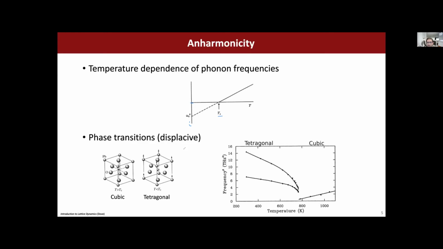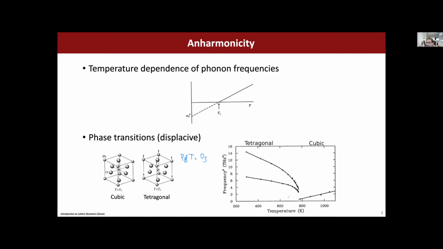For example, if you have a displacive phase transition, a prominent example of this would be PbTiO3 in a perovskite structure, where you have a tetragonal structure for a temperature lower than the critical temperature and a cubic structure for a temperature higher than the critical temperature. In this case, the cubic structure is stabilized by anharmonic interactions.